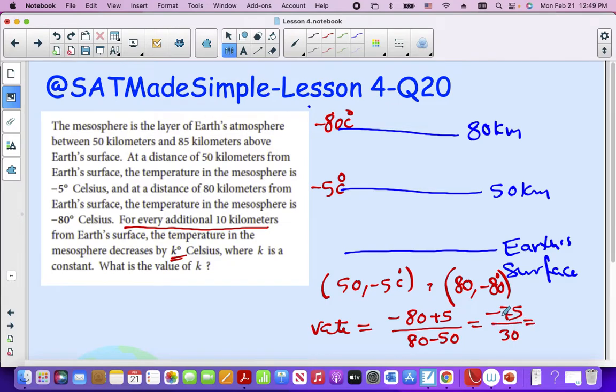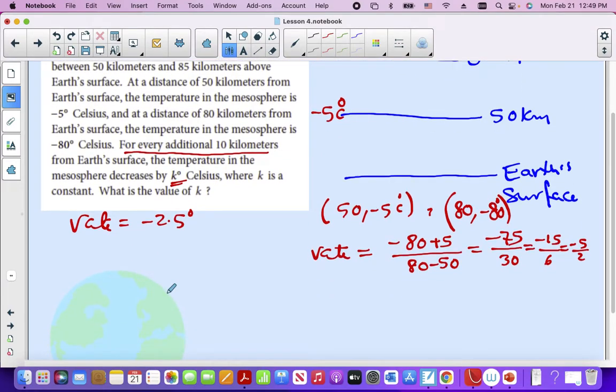Dividing by 5, that's minus 15 over 6, that is minus 5 over 2. So really the rate is equal to minus 2.5 degrees, which means that for 1 kilometer, the temperature decreases by 2.5 degrees. For 10 kilometers, how much does it decrease?